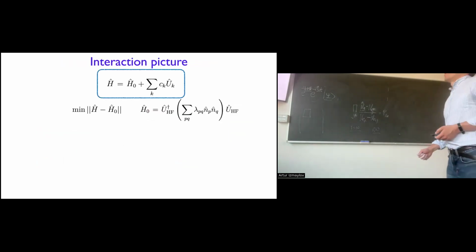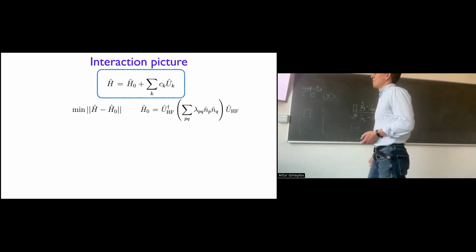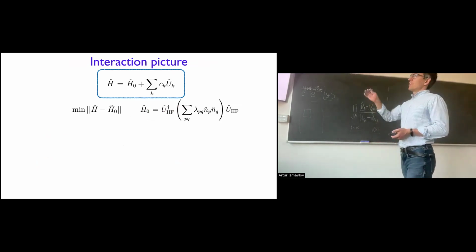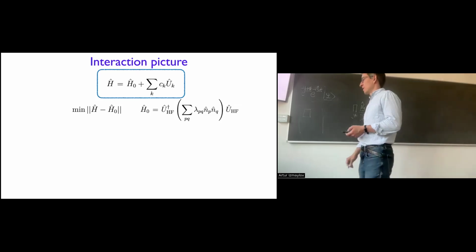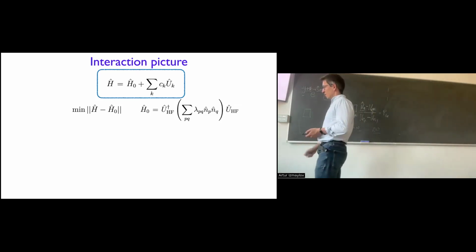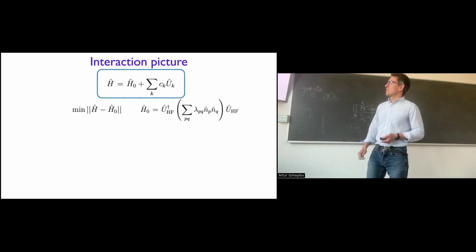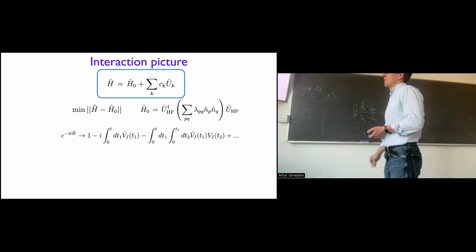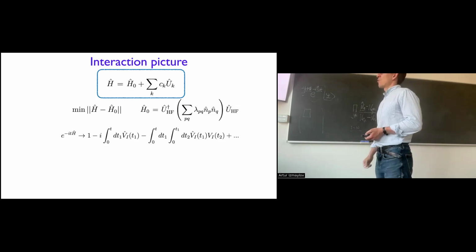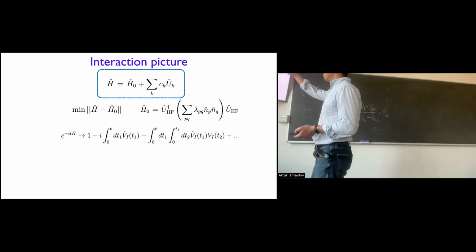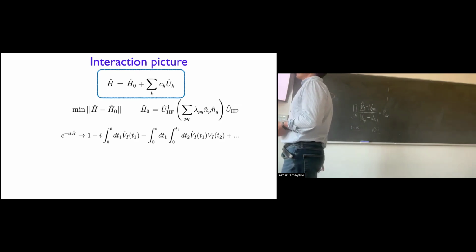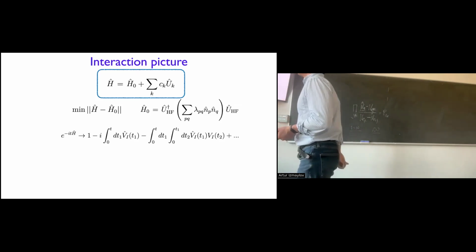All right, so now you could also go to the interaction picture and remove, let's say, from the Hamiltonian something that is exactly solvable, because in the interaction picture we can construct, this is more for the exponential form, the Dyson series exponential unitary operator.